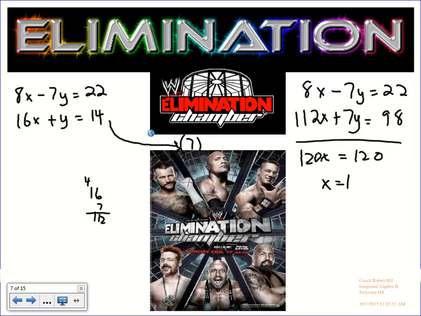X is 1. If x is equal to 1, 8 times 1 is 8, minus 7y equals 22. Negative 7y equals 14. y is negative 2. Plug the point 1, negative 2 in to see if it works.